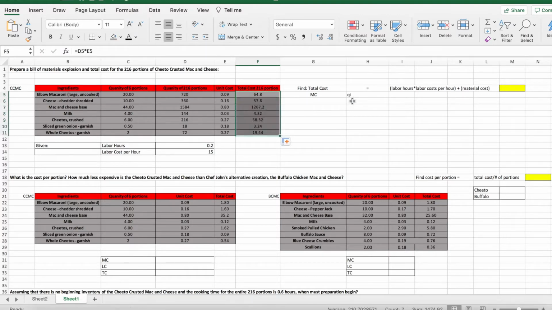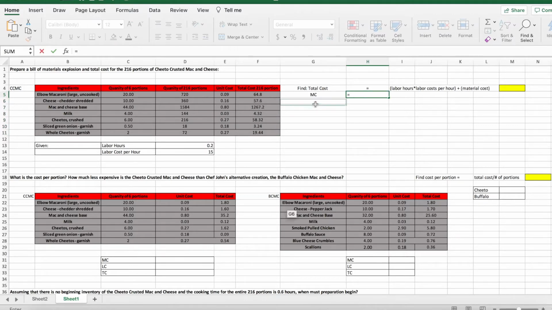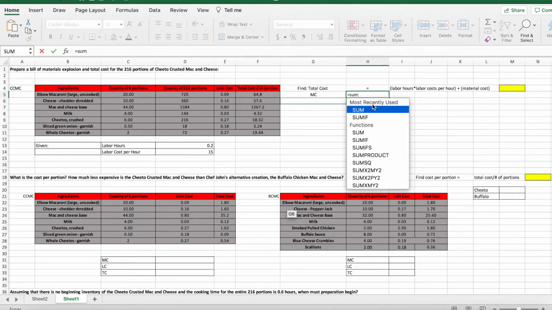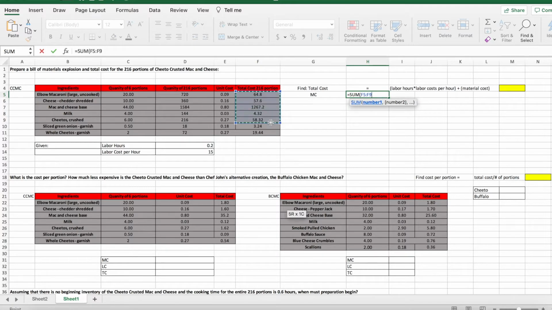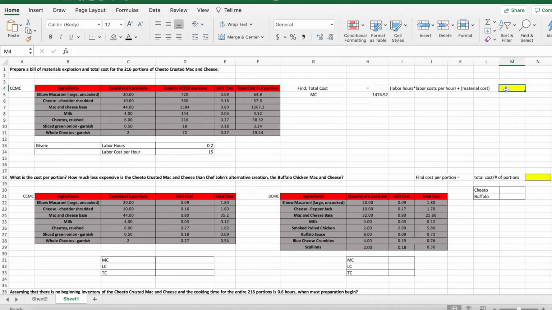To find the material cost, we're simply going to set it equal to the sum of the total cost. And finally, the labor cost is simply the labor hours times the labor cost per hour times 36.